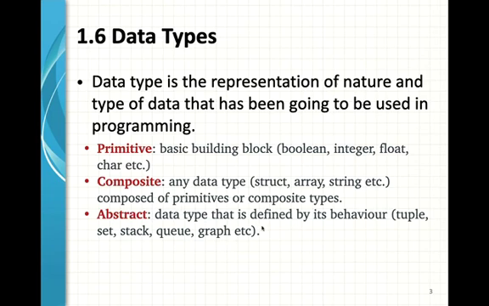When a data type is defined by its behavior, that is how it works, then we call them abstract data types. So they can be tuple or set, stack, queue, graph. These all are abstract data types.